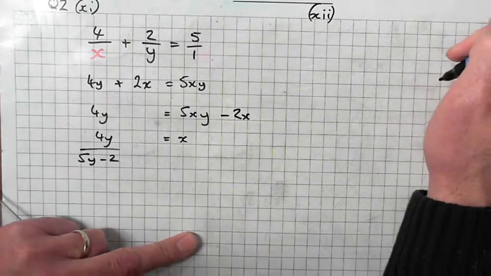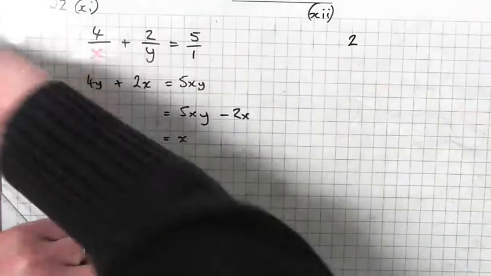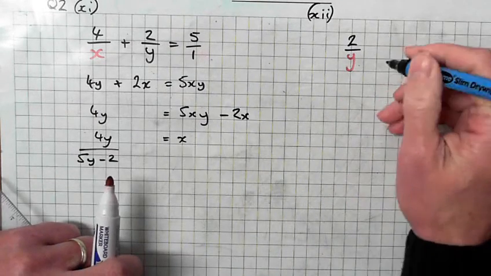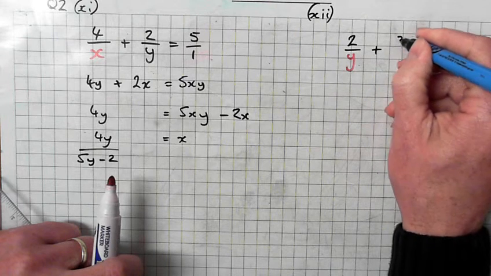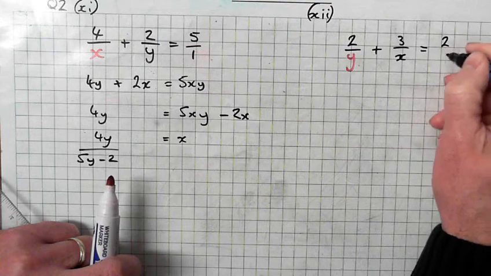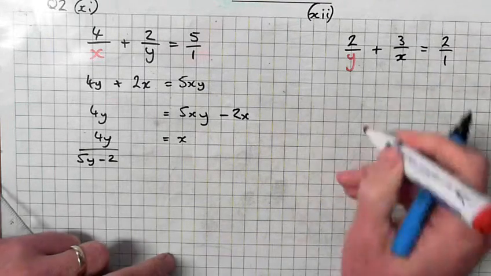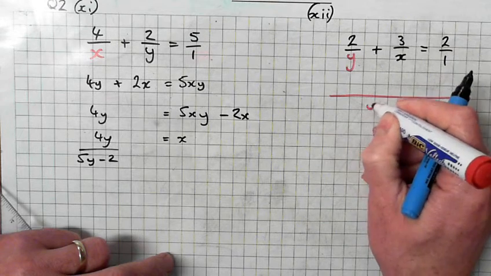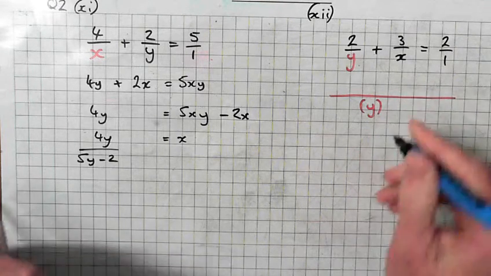The next one. Y is the subject of this. Y is the thing that we have to isolate and make it singular. 2 is 2 over 1. And again, same idea. Michael, what's the LCM? Again, XY.